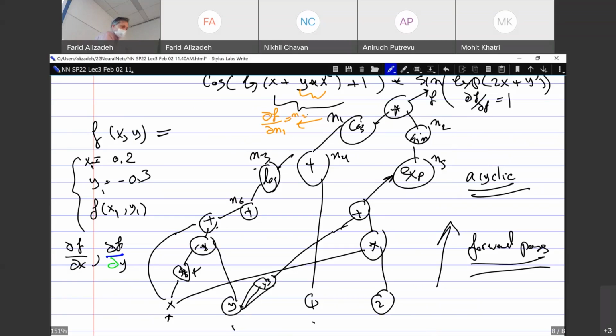Right? F is n1 times n2. I don't care if that n1 and n2 themselves are something else. At least in terms of n1 and n2, the derivative of f with respect to n2 is n1, because this is just multiplication. Okay.